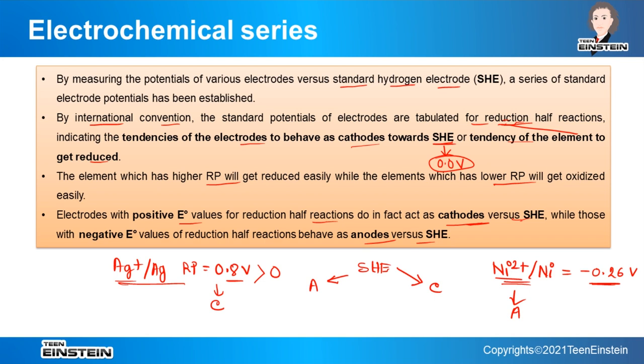So from the electrochemical series we can check the reduction potentials of all systems and easily predict which system will be reduced and which oxidized, that is, which will be anode or cathode. These are the importance of the electrochemical series. Now we will see the different applications of the electrochemical series one by one.